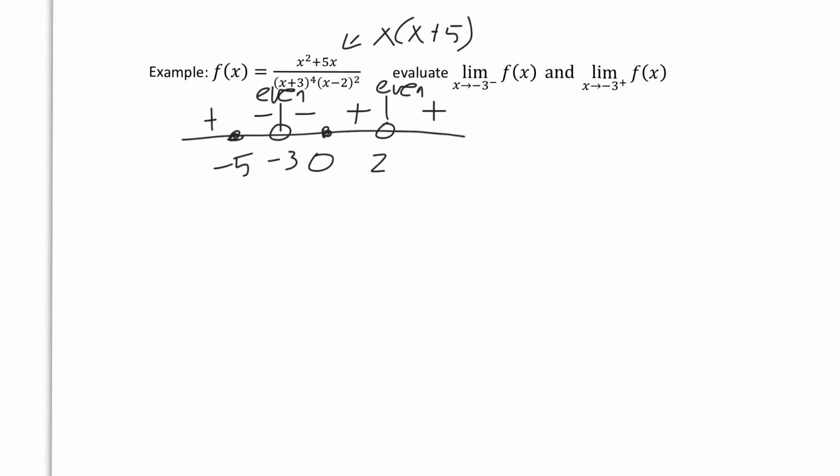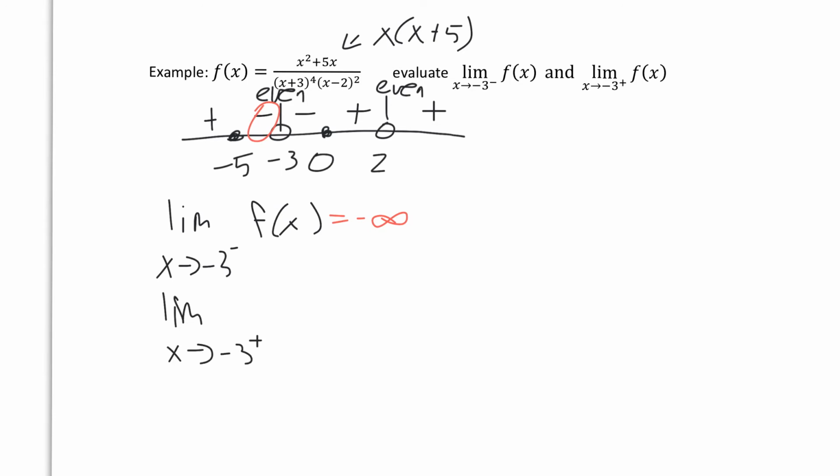All right, so the limit as x approaches negative 3 from the left of f(x) is going to be looking at this portion right here, which is negative infinity. And the limit as x approaches negative 3 from the right of f(x) is going to be looking at this portion here, which is also going to be negative infinity.